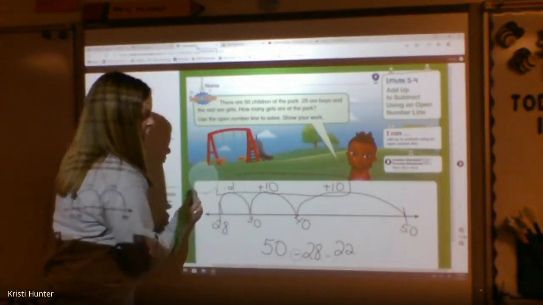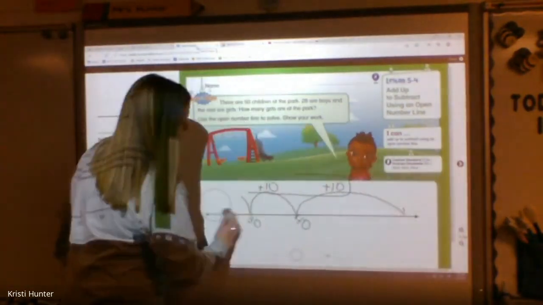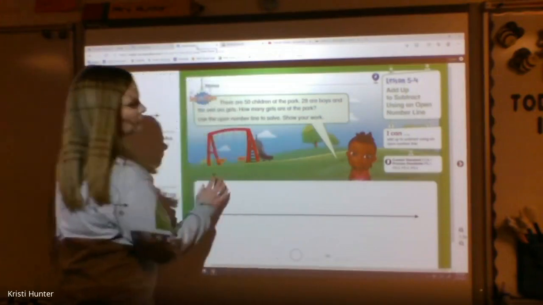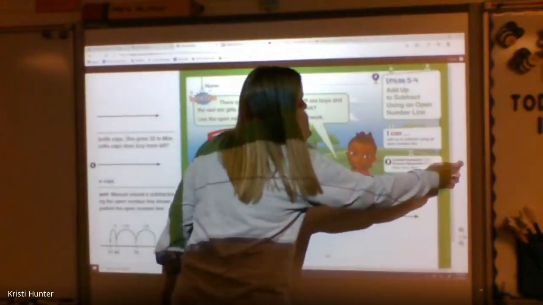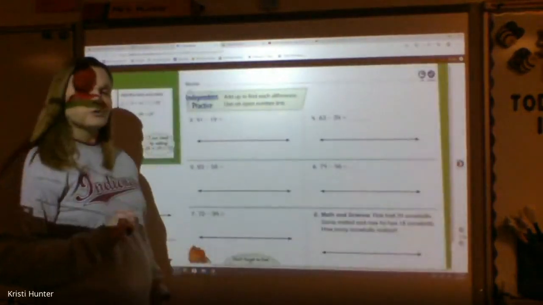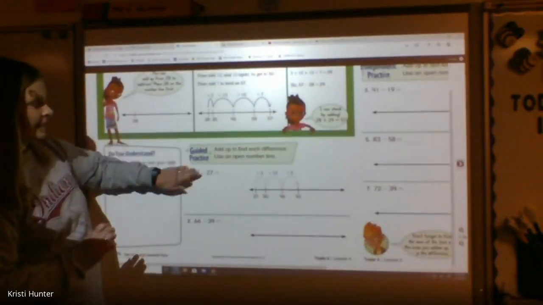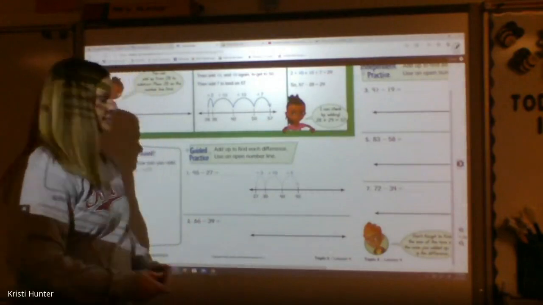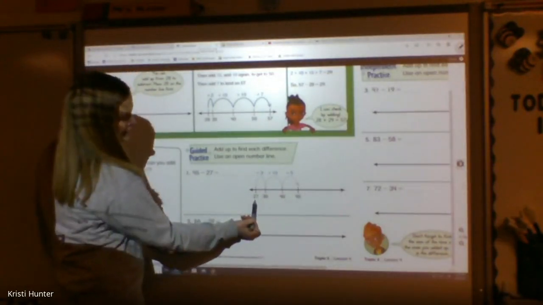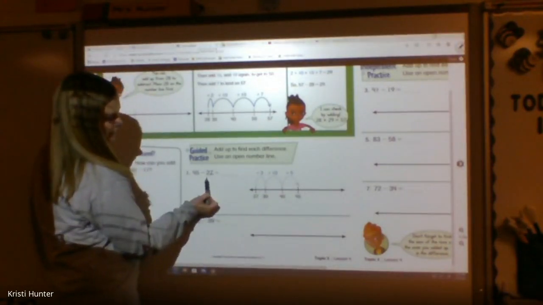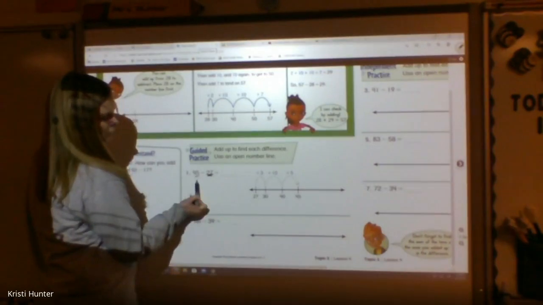Don't worry, this is just another strategy to give you. Okay? Hopefully you'll understand the strategy by the time we finish today, and it'll be your choice whether you want to use it or not. So number 1 has it set up for us. We've just got to fill in the answer. They started at 27, because that's my little number here, and they're going to jump to 45.